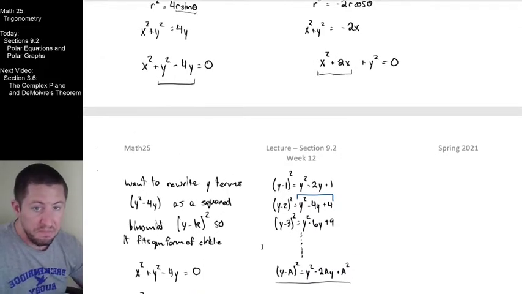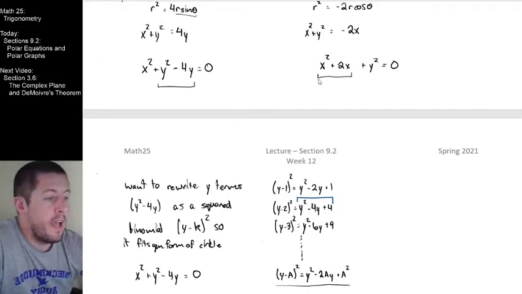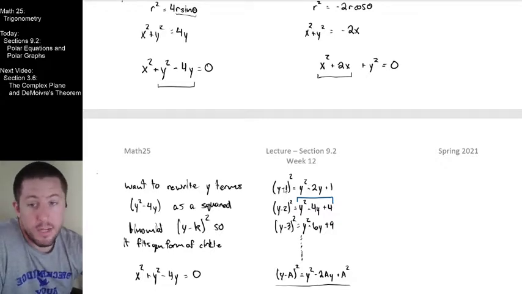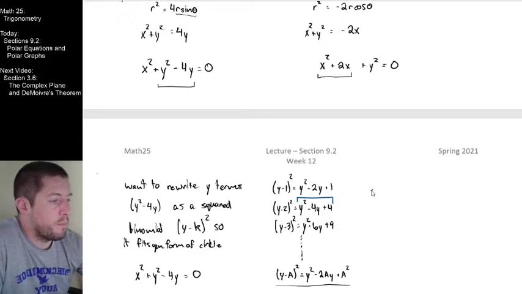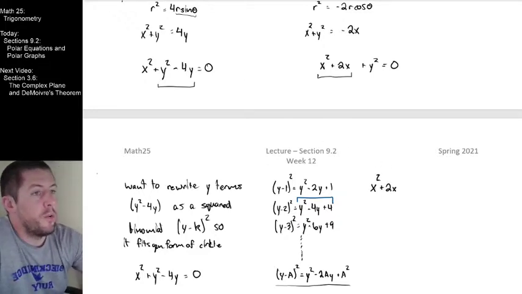So I'm noticing here that this expression right here looks almost like the terms that I have right here. The difference is that this has a minus sign right here, but that's also because it has a minus sign right here. So I'm thinking to myself, I feel like I should be able to do some form of x squared plus 2x and I'm going to do a plus 1.